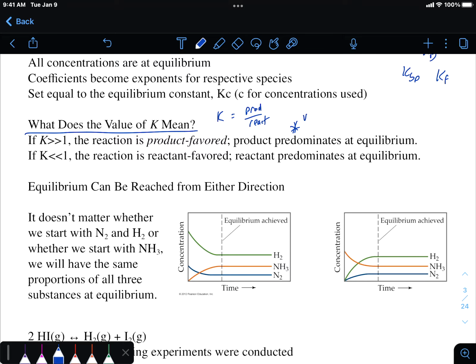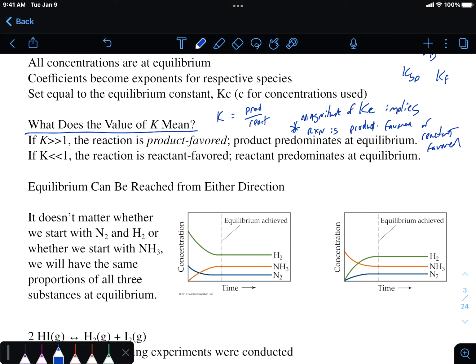So the magnitude of K_c implies whether the reaction is what we call product favored or reactant favored.